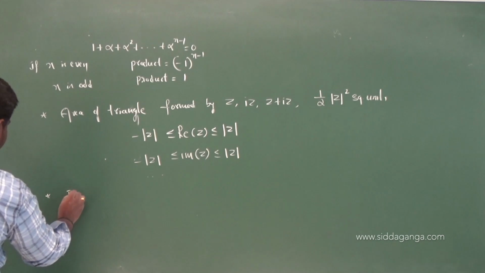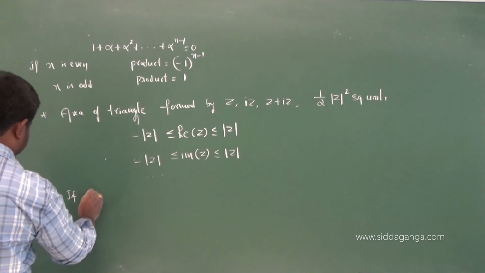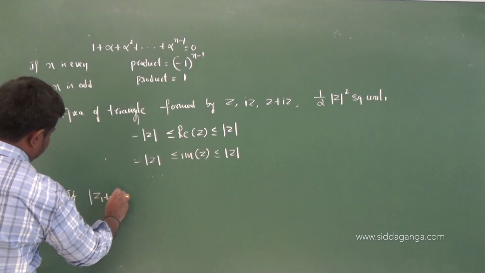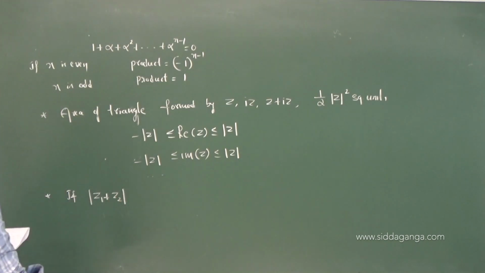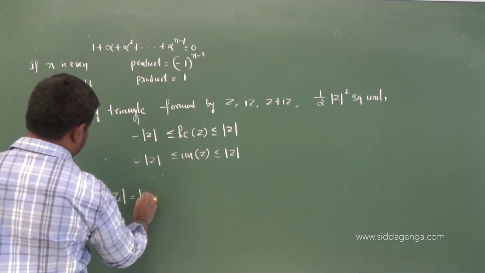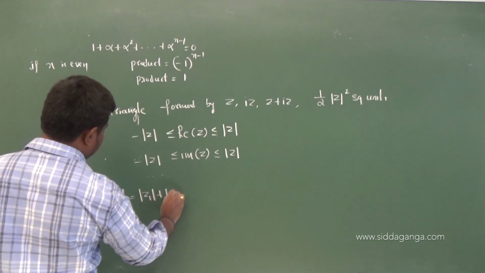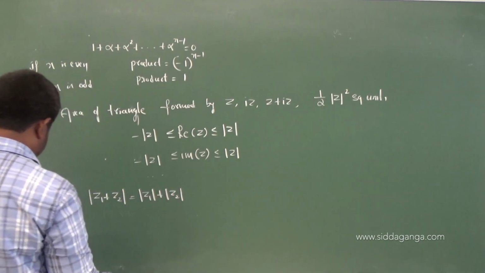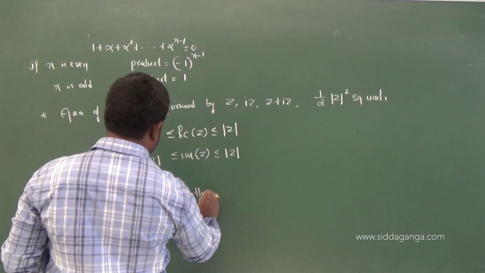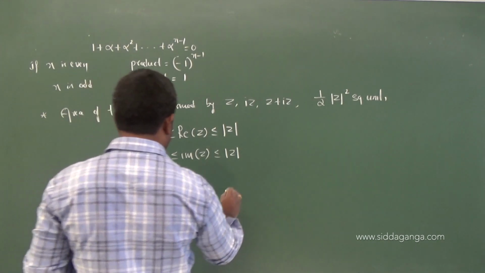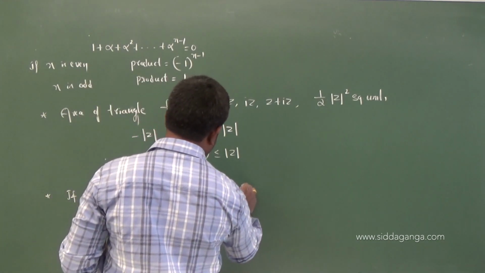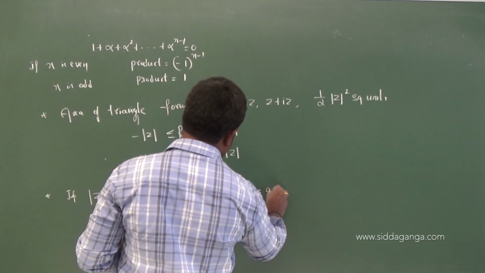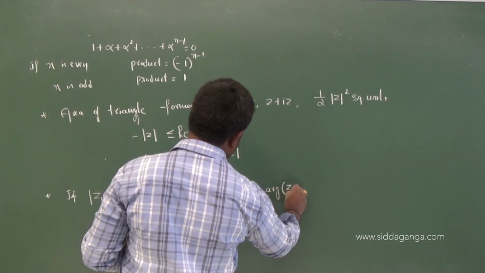If modulus of z1 plus z2 is equal to modulus of z1 plus modulus of z2, then it is always true that argument of z1 becomes equal to argument of z2.